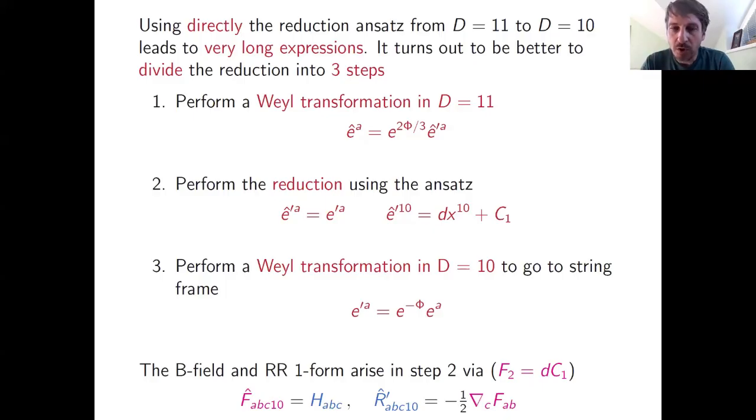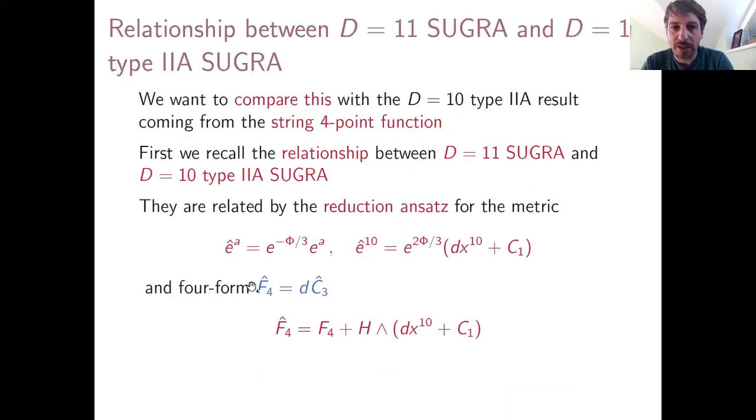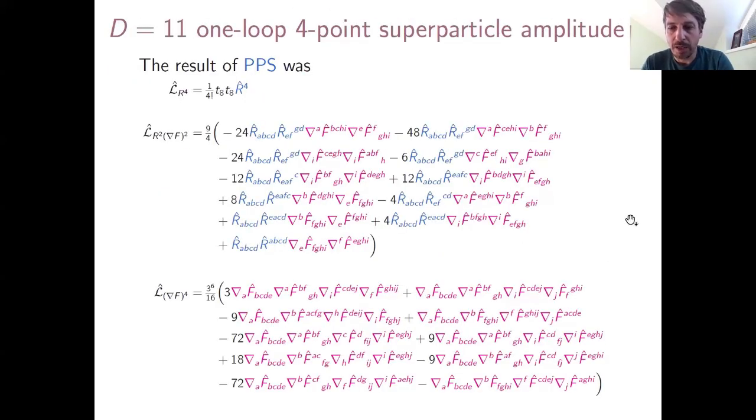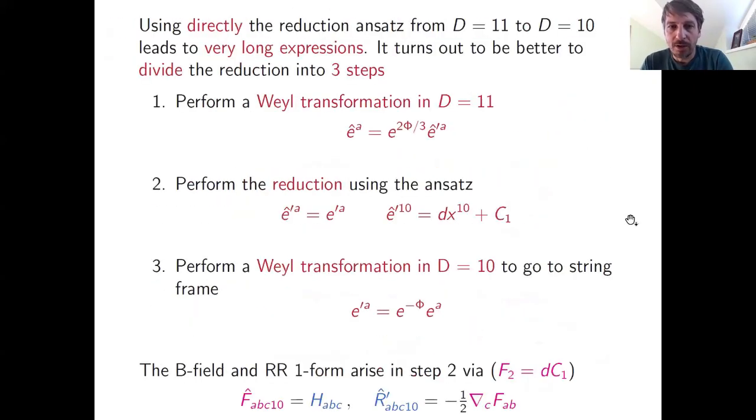So as I said, if you try to directly just plug this ansatz into these terms, you will get quite a mess. It turns out that you can simplify your work a bit by splitting it up into 3 steps. So equivalently, instead of plugging that ansatz in directly, we can split that ansatz into 3 steps.